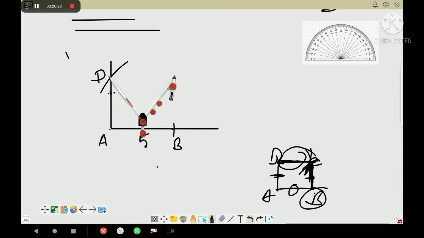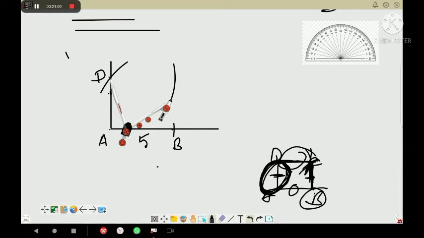So from D as center, we draw one arc of 5 centimeter, and from B we need to draw one arc whose radius is similar to AD.